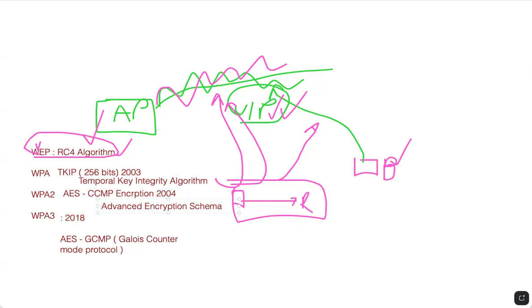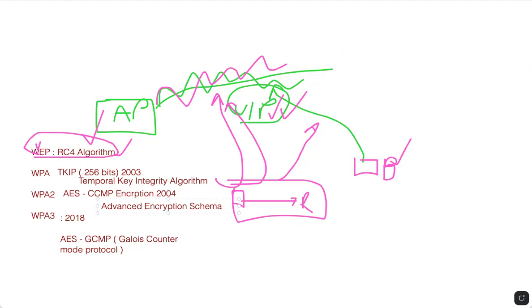Richa, what is WPA2 and what algorithm does it use? Yes, sir.